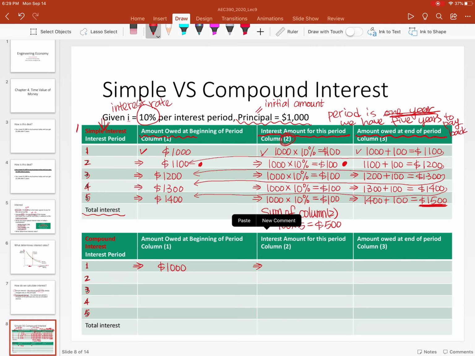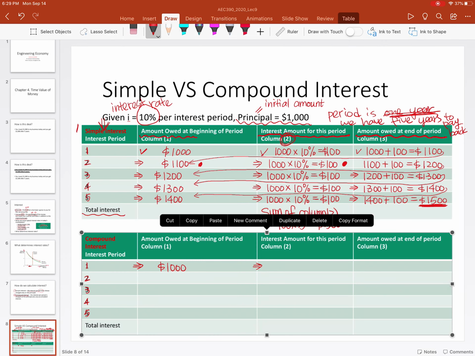So the base of that interest will be 1,000 plus 0 interest in the previous year, right? Times 10%. That's what the definition of compound interest tells you.